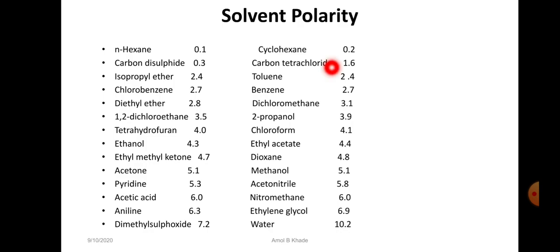If I consider, for example, n-hexane, which is considered to be highly nonpolar, that has a polarity index of 0.1. Whereas if you consider water, which is highly polar, it has a polarity index of 10.2. So usually the polarity index ranges from 0 to 10. The higher the polarity index, the more polar the solvent is.